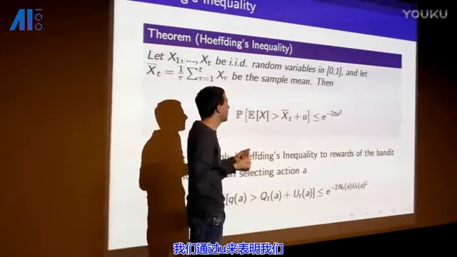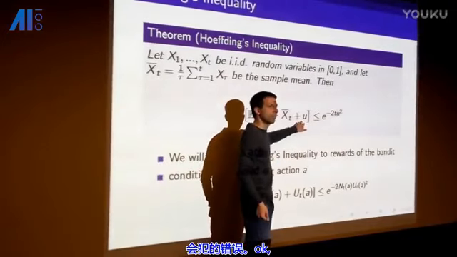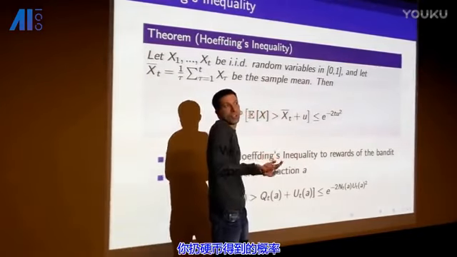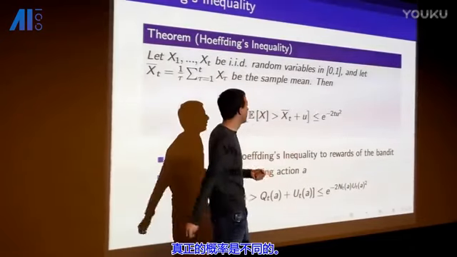What's the probability that we're making a mistake in our estimation of this empirical mean by at least u? You've just seen a bunch of coin tosses, and what's the chance that the mean of your coin tosses is actually different from the real bias of your coin by more than u?